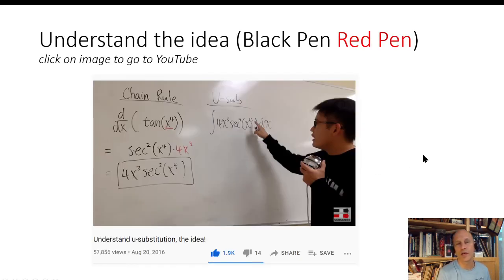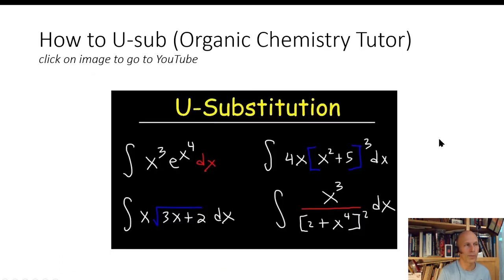If you want some additional resources, this is a nice video from Black Pen Red Pen that explains what's going on with the chain rule and U-substitution, which I didn't really teach you. It's not that long, and it's worth watching. And then the Organic Chemistry Tutor is pretty straightforward. It's not just organic chemistry.